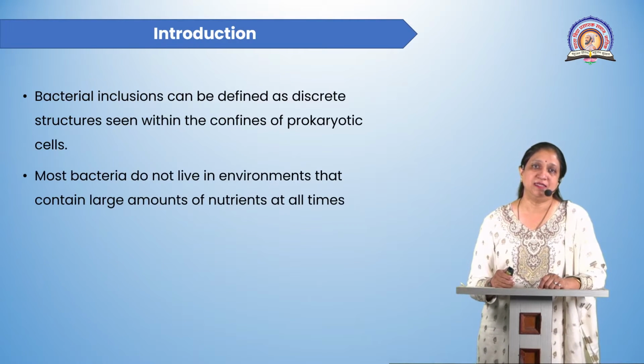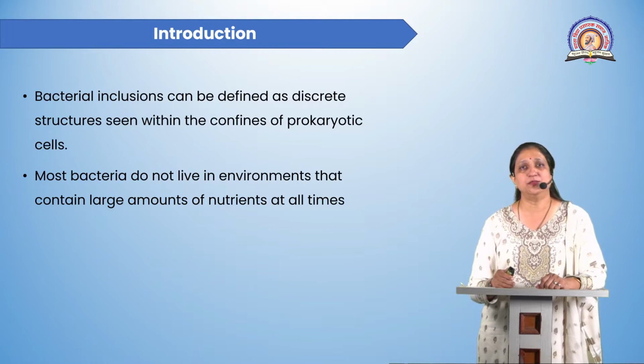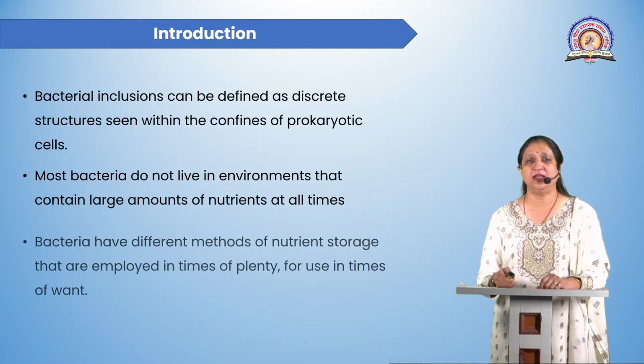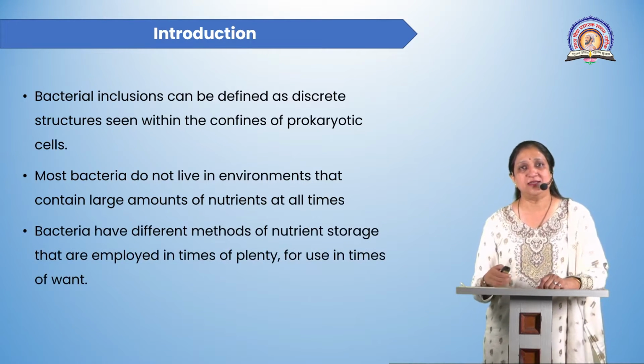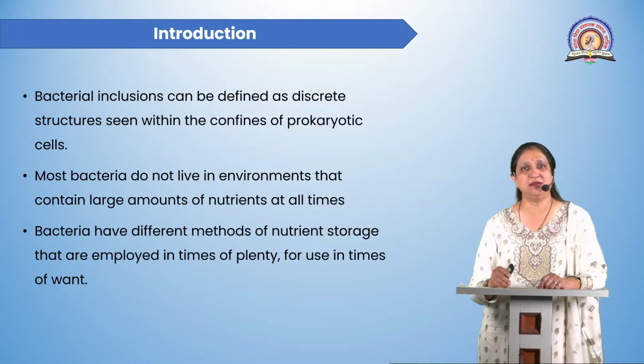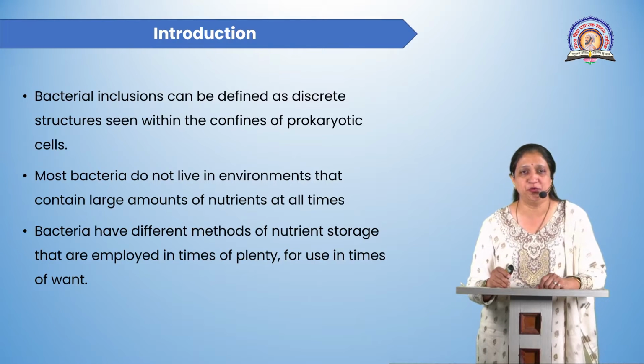Now, why it is necessary for the bacteria to produce these granules is because most of the time the bacteria live in environments that do not contain all the nutrients in adequate quantities at all times. Therefore, bacterial cells, although they are simple, have devised different methods for storage of nutrients.